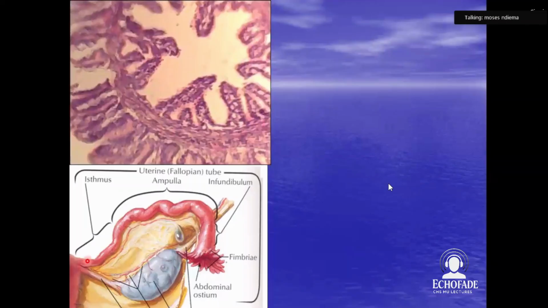The isthmus of the oviduct consists of a thicker circular muscle, and therefore acts like a sphincter. And then we have a very small part which traverses the uterine wall. This part we refer to as the intramural part.